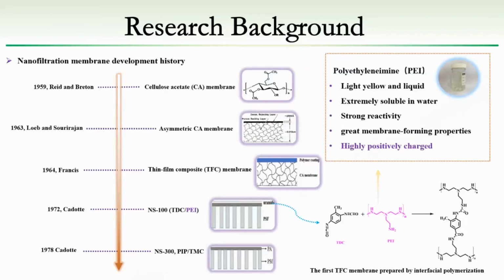In the following decades, whether in research or commercial production, the common nanofiltration membranes are usually TFC membranes. In addition to the widely used interfacial polymerization, the coating method was also an important method for preparing TFC nanofiltration membranes.